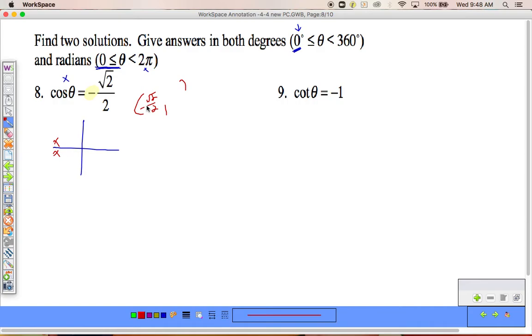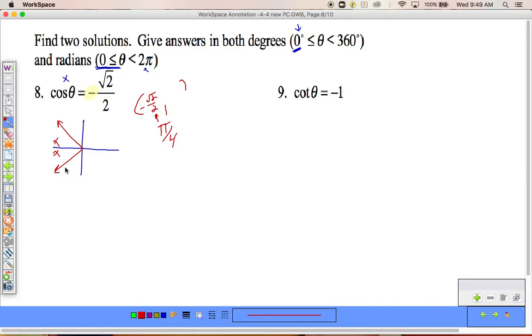Because of my unit circle and all the good ones that I know, my reference angle for any square root of 2 over 2 is pi over 4. That's my reference angle. Now, I'm going to need the pi over 4 in the second and the pi over 4 in the third. That's just knowing what they are.